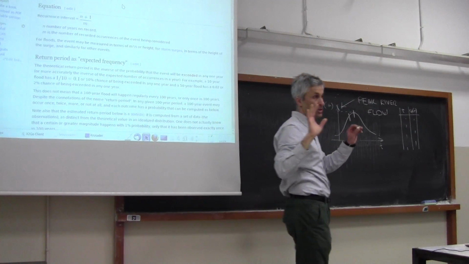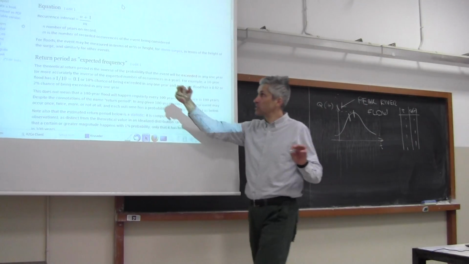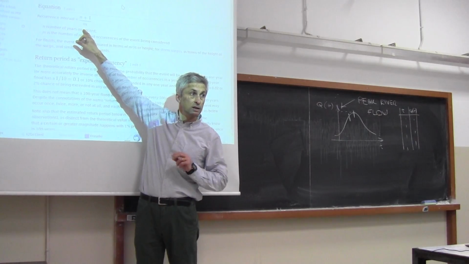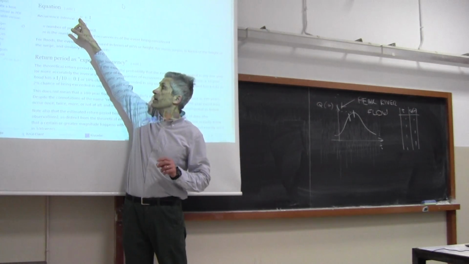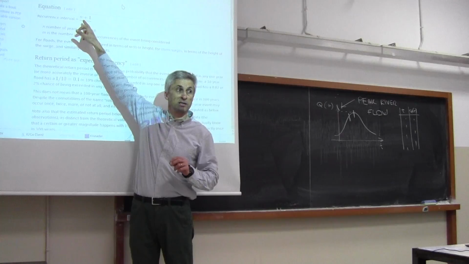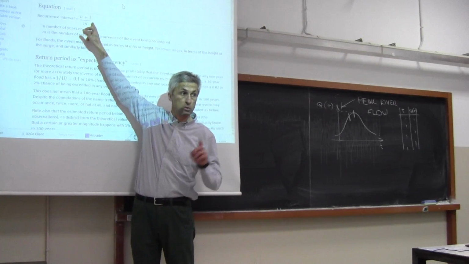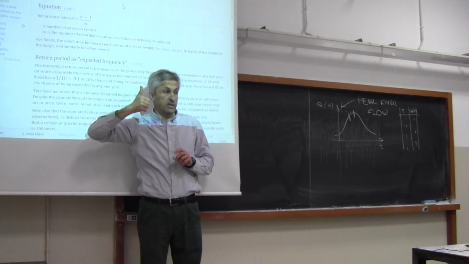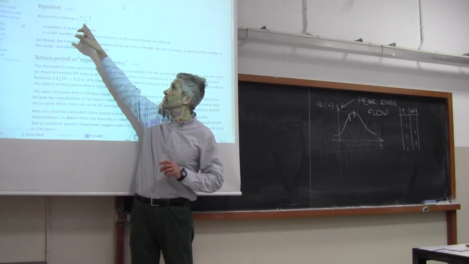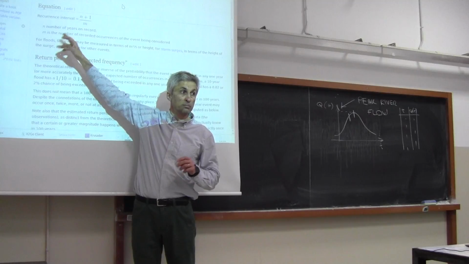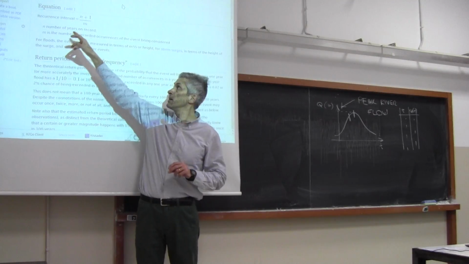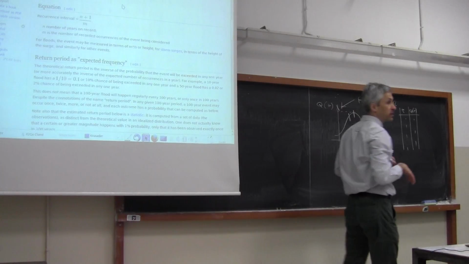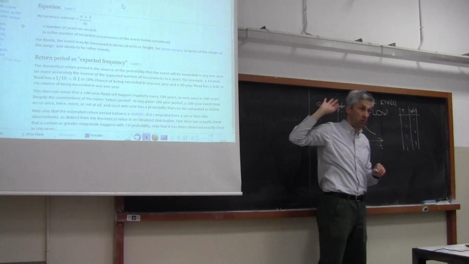So this is what I just said. For the largest one, the number of occurrences is 1, and therefore n is 10 years, and 10 divided by 1 is 10, let's forget about the plus 1 for now. The second one, m equal to 2, the return period is 5. The third one, m equal to 3, the return period is 3.33, etc. Let's forget about the plus 1.